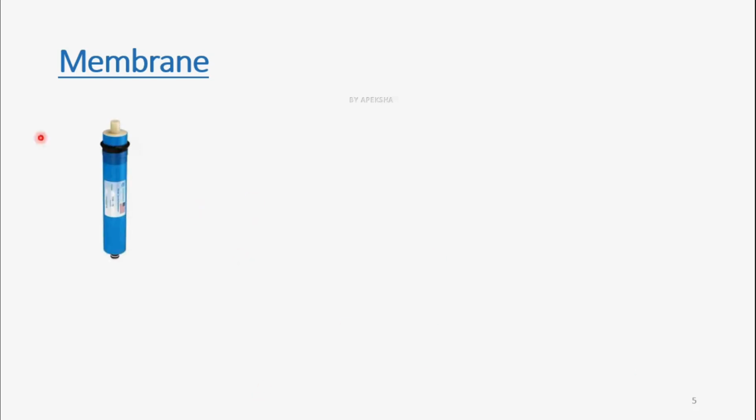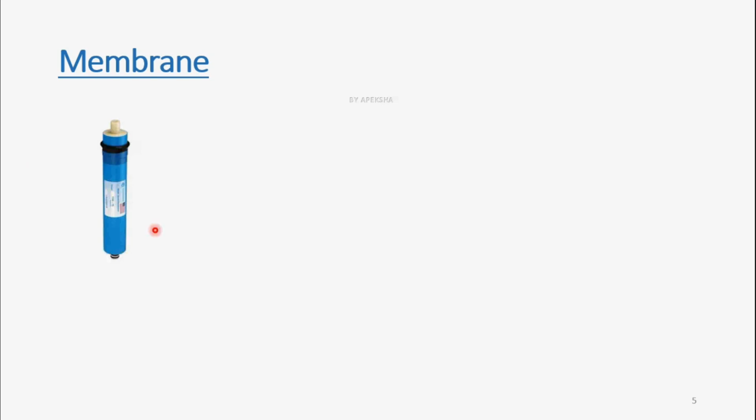Here a membrane is used. Generally you can see in many homes RO is used. So RO means reverse osmosis, जहाँ पे generally TDS जो है higher होता है, like 500 ppm, 1000 ppm, 1200 ppm is there.